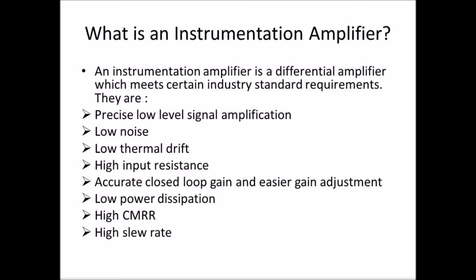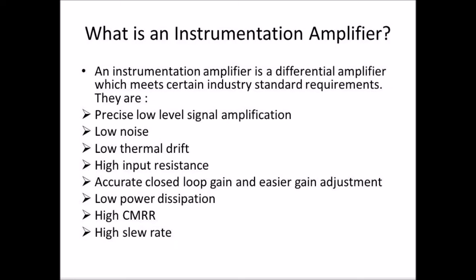Then high input resistance, and accurate closed loop gain and easier gain adjustment. The output is very accurate since it is a closed loop circuit, and the gain can also be adjusted. That we will see in the circuit.